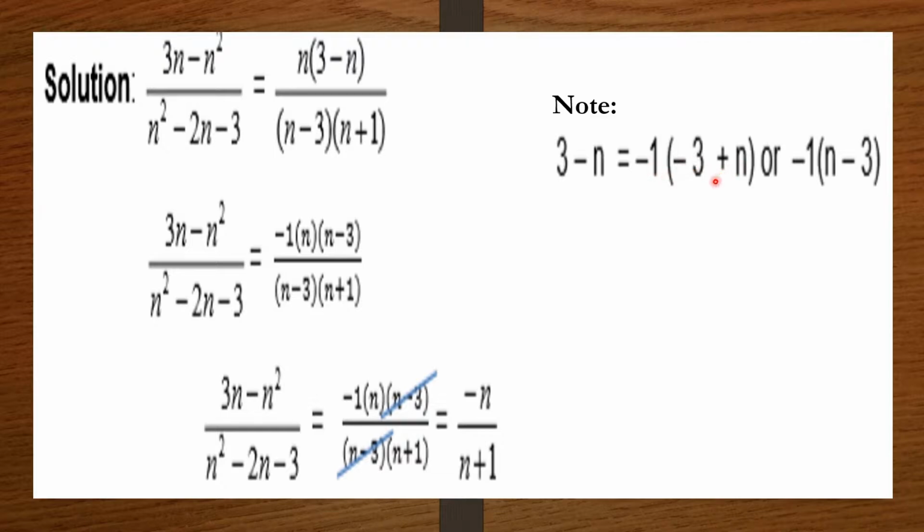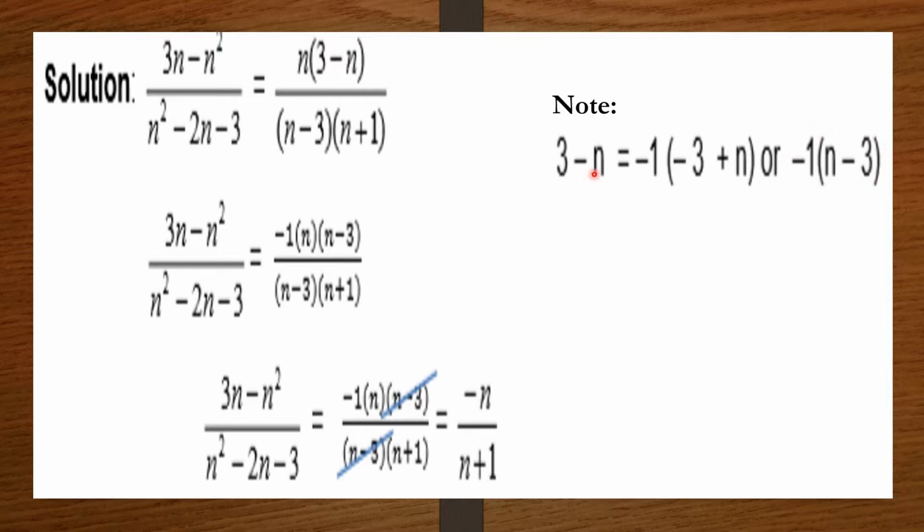So, ganun ang gagawin natin. I-factor out natin yung negative 1, tapos ang mangyayari, palitan natin yung signs ng 3 tsaka negative n dito. At pwede mo nang isulat ngayon as negative 1 times, okay, you can write down the positive term first, n, and then minus 3. I-rearrange lang. Ito na yung 3 minus n.